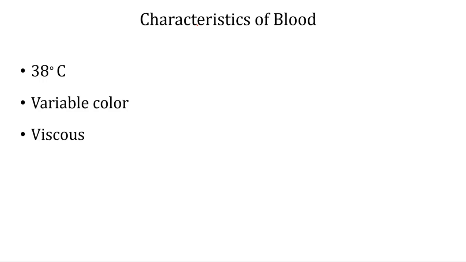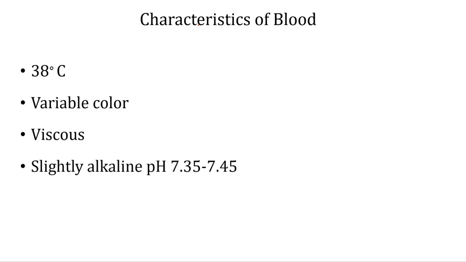And the viscosity can change depending on how dehydrated you are, which can affect how easy blood is to flow through your body, which can also affect things like your blood pressure and how hard your heart has to work. Another reason to make sure you're always drinking plenty of water, staying hydrated.